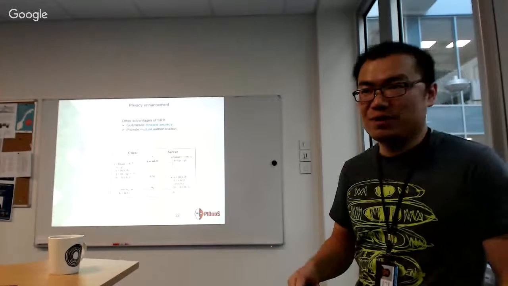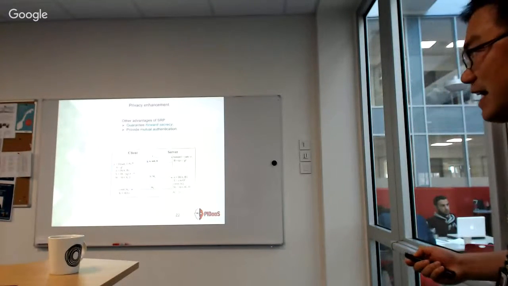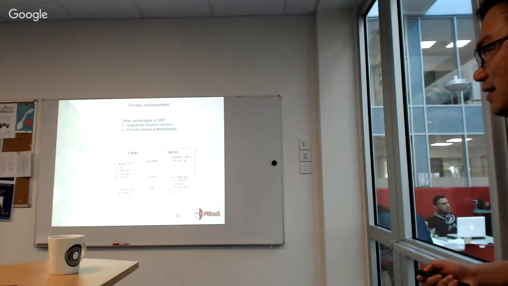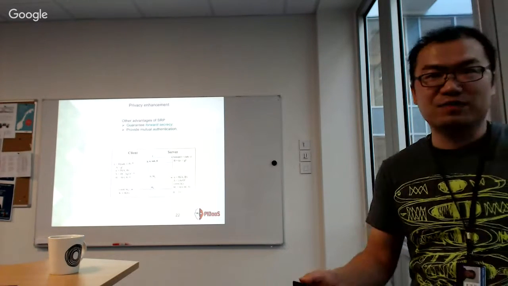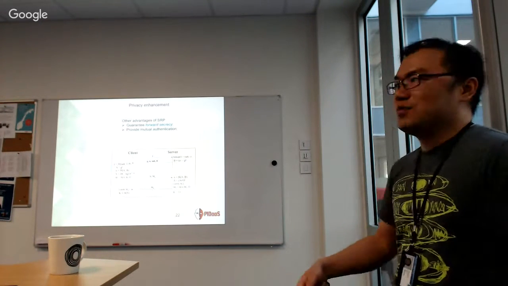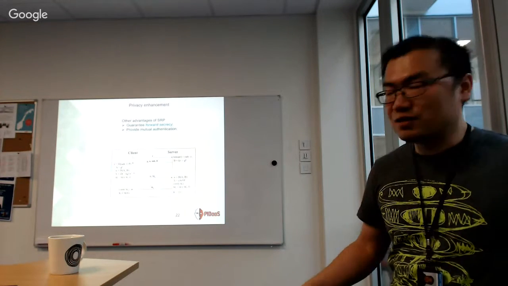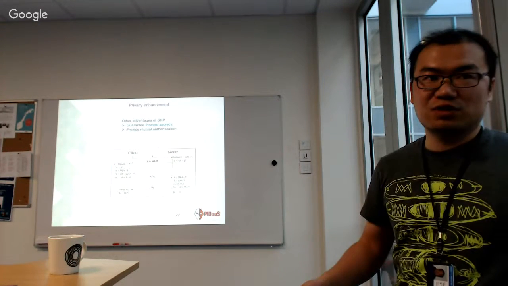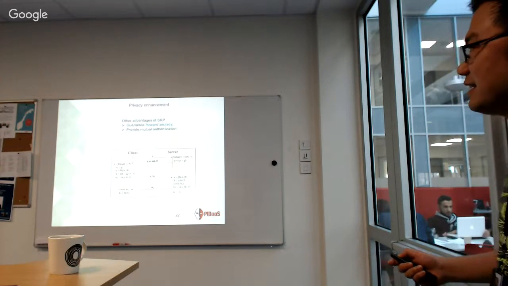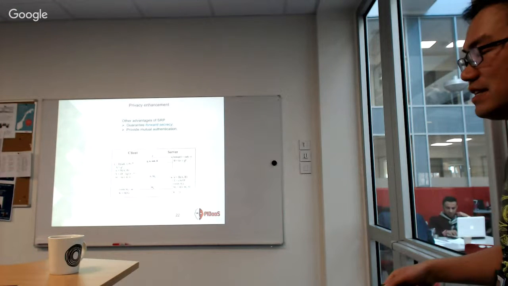But for the SRP protocol, each time they will use a newly generated key, not the same. So after the conversation, the session key used for this conversation will be dropped. It's not useful for the next conversation, for the next authentication process. So this guarantees forward secrecy, since each conversation has a new key.